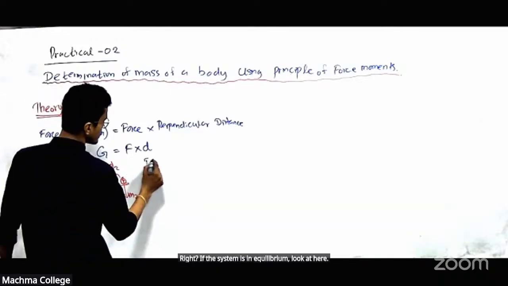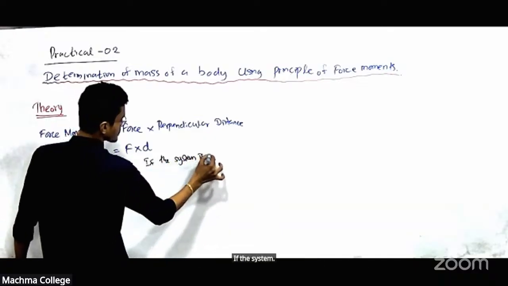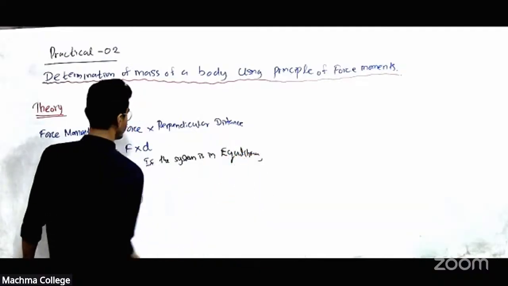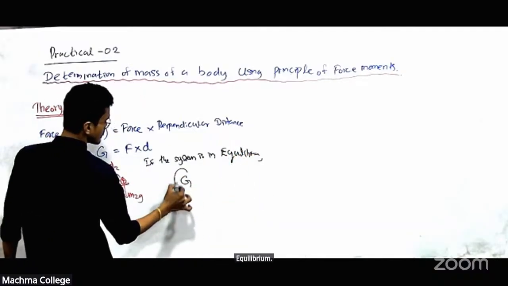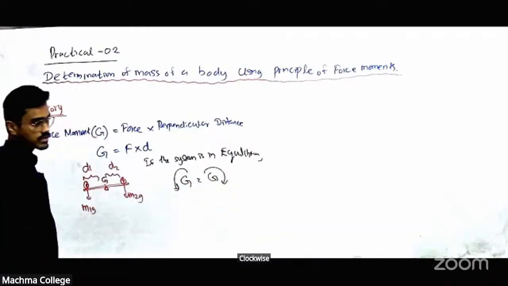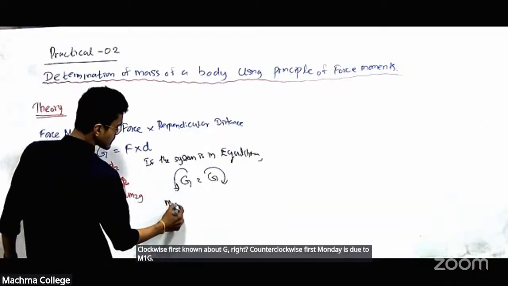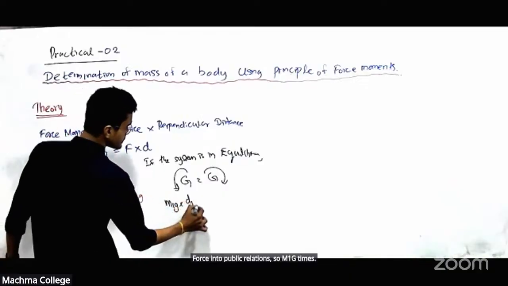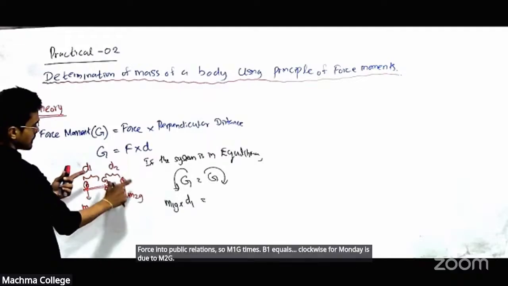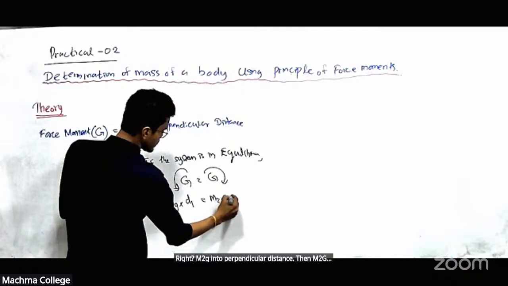If the system is in equilibrium, this is the theory here. Counterclockwise force moment about G equals clockwise force moment about G. Counterclockwise force moment is due to m1g, force into perpendicular distance, so m1g times d1 equals clockwise force moment due to m2g into perpendicular distance, m2g times d2.